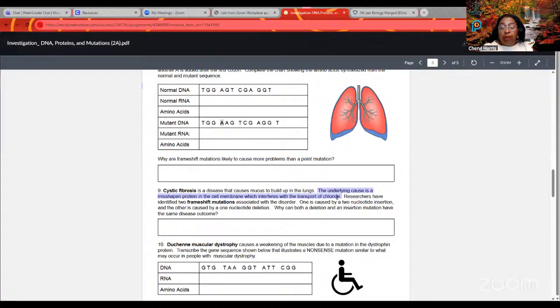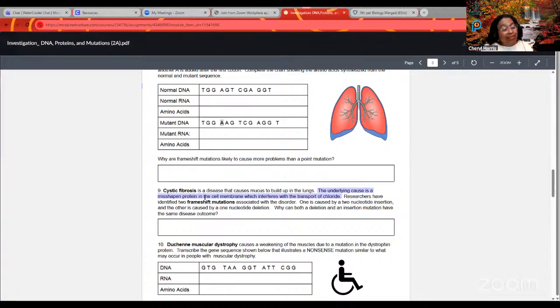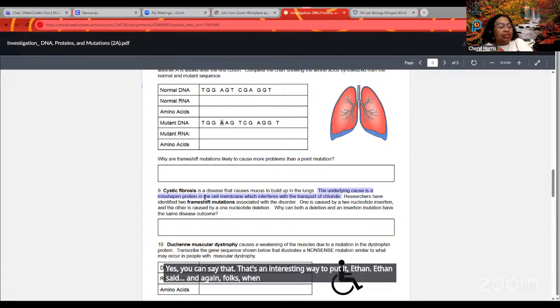All right. So it affects the protein. It continues to misshape the protein. Yeah, you can say that. That's an interesting way to put it, Ethan. Ethan said, and again, folks, when y'all send stuff in the chat, send it to everybody and not just me.